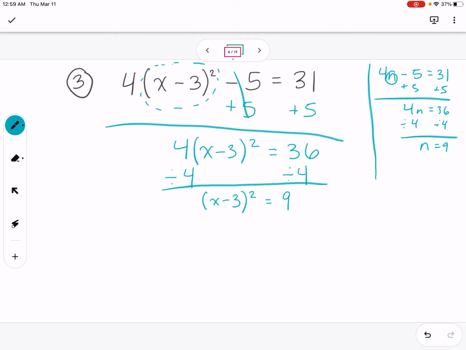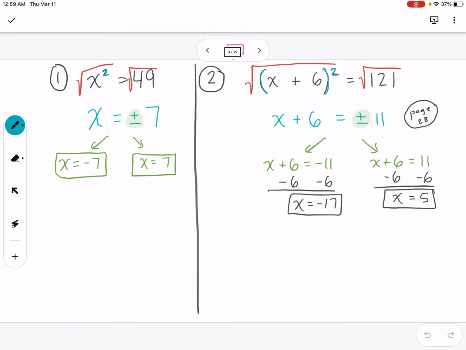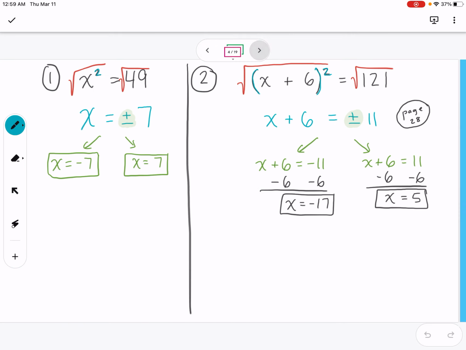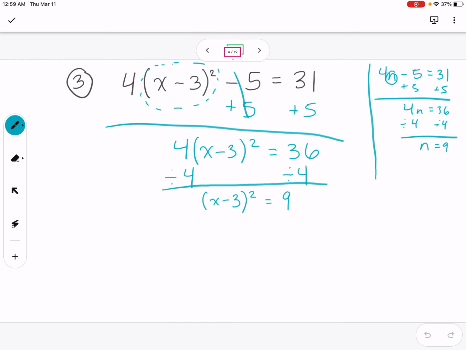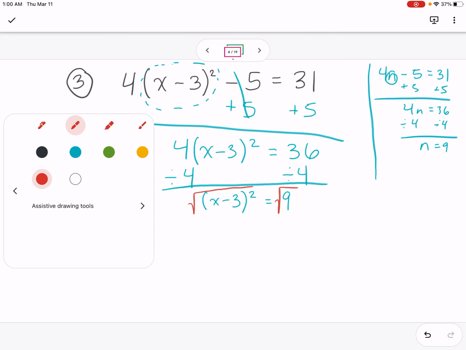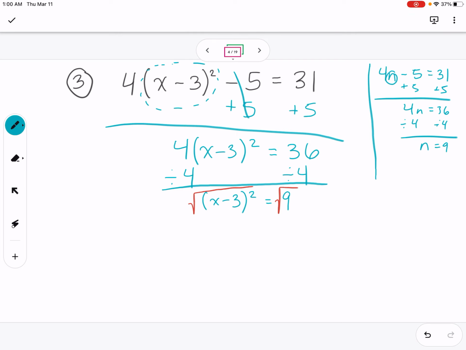Now it looks kind of like my number 2 problem, where I have something in parentheses squared. So what do I do when I have something squared? I square root, because that's what gets rid of squared. This leaves me with x minus 3, because the squared and square root canceled out on the left, and the square root of 9 is plus or minus 3.